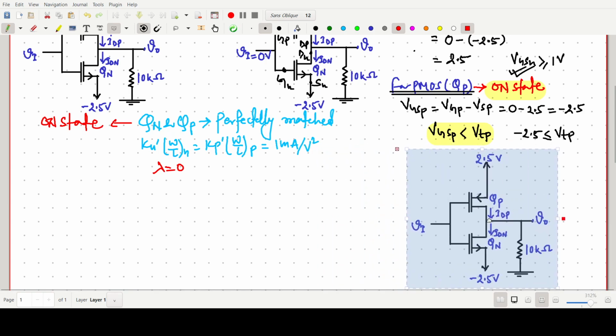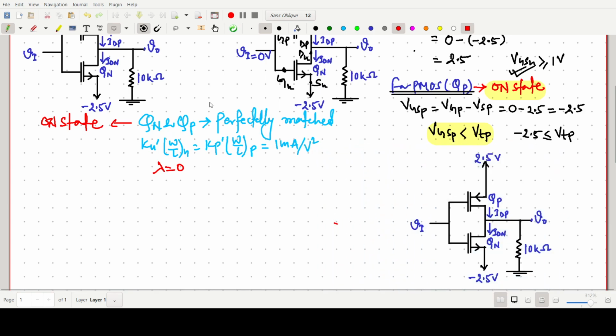There will be direct current because this one acts as zero resistance. R is nearly 0, so there is a direct path of current from this into this.